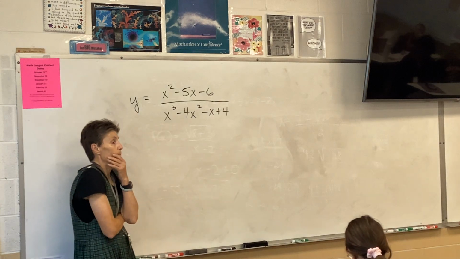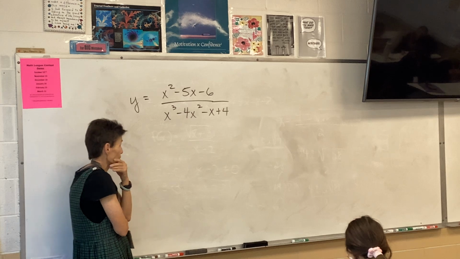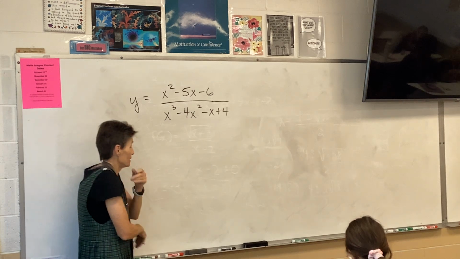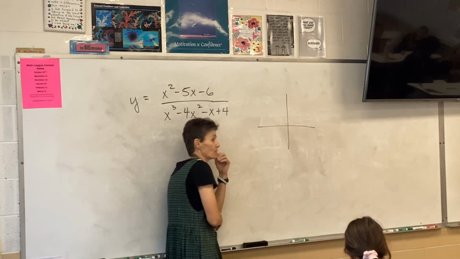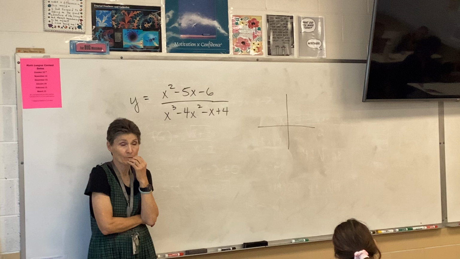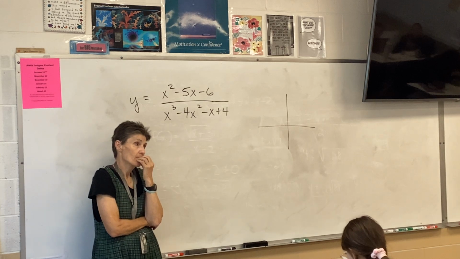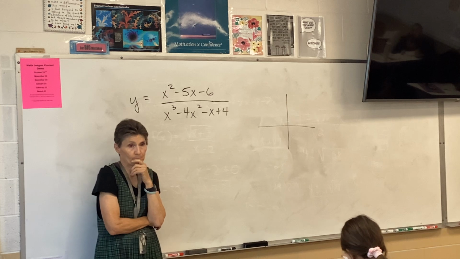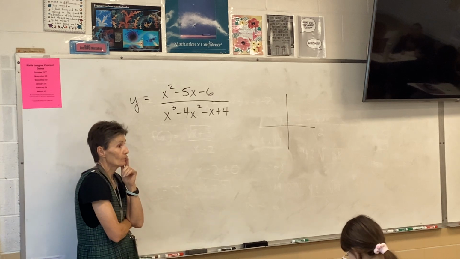Now, your job is to find and graph the vertical asymptotes. All right, so let's get back into asymptote work. What do you think? What should we be thinking about when we look at this problem?